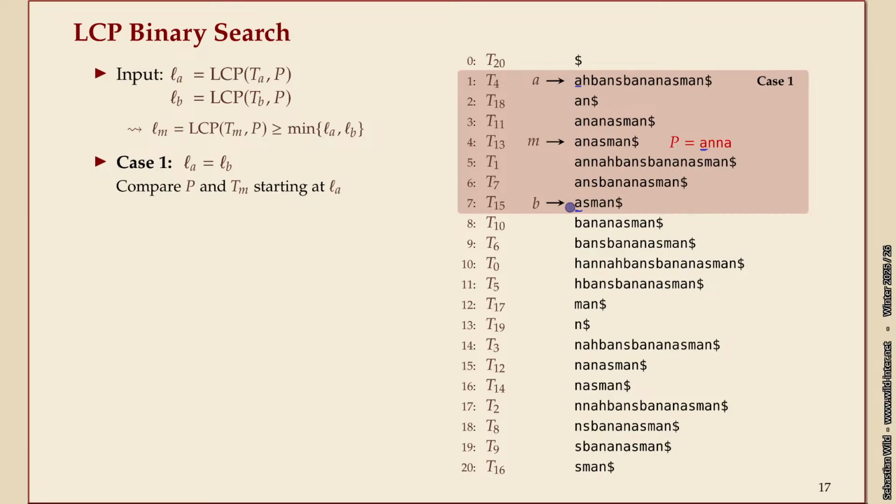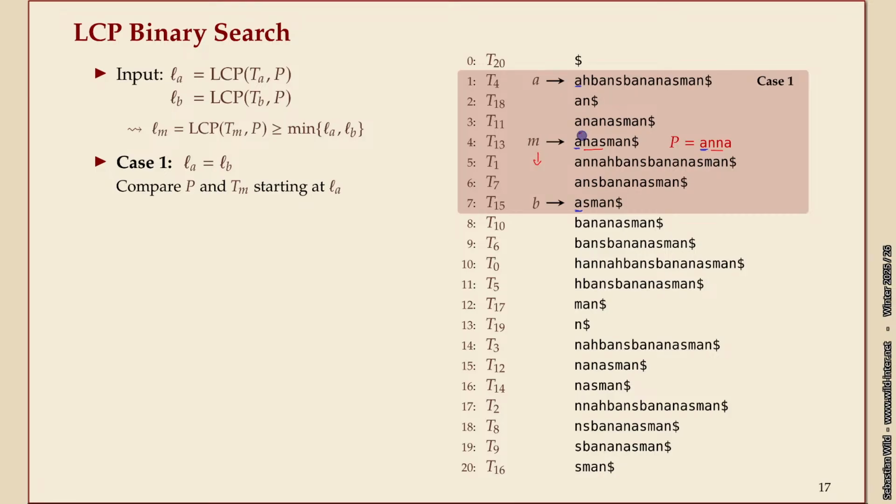So all these strings here share the A as the first letter, and so does the pattern. In this case, we've maximally used what we know. That's all the knowledge we could extract from LA and LB. So we'll just start at M. This also shares the A. But then we'll start comparing with the next characters, and we'll find that N is bigger than A, so P has to go this way. The next round of binary searching moves A to M and keeps going.